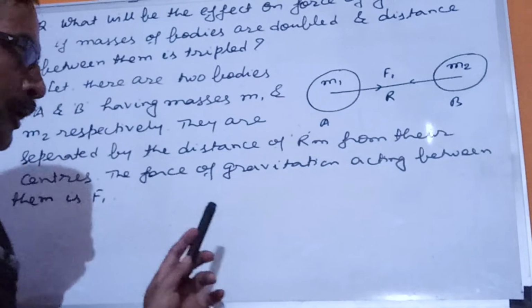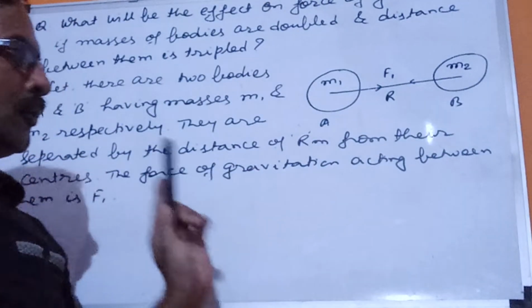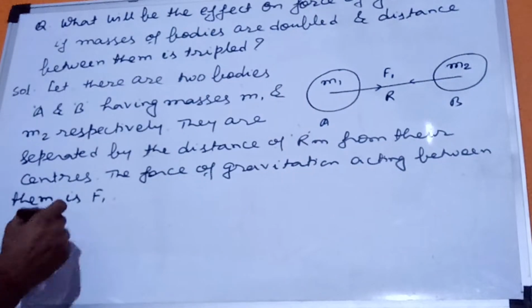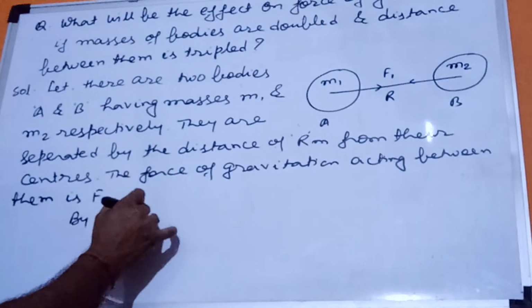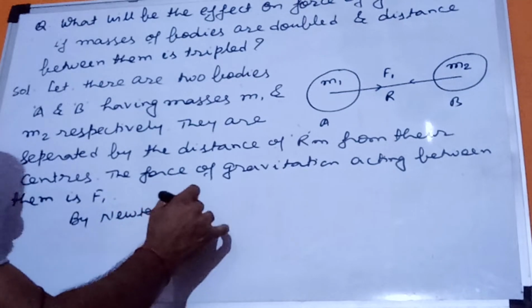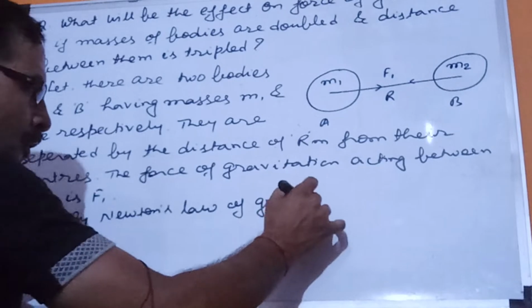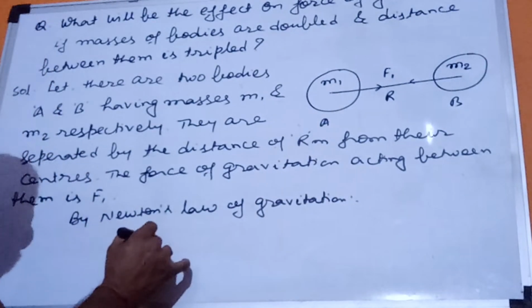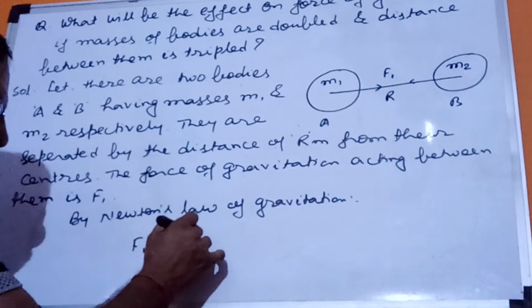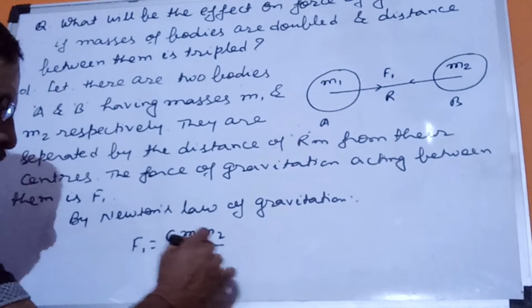Now, whatever I said, I have created it in language. Now let's apply Newton's law of gravitation. We can write F1 equals G m1 m2 by r square.